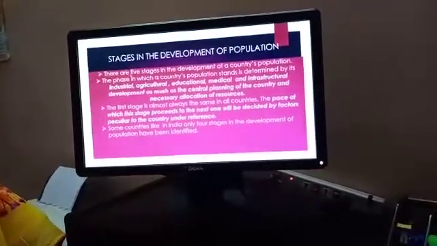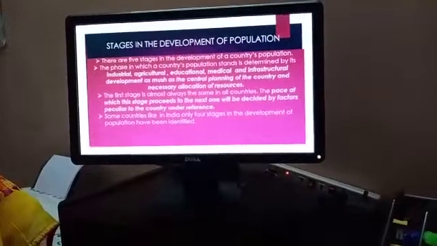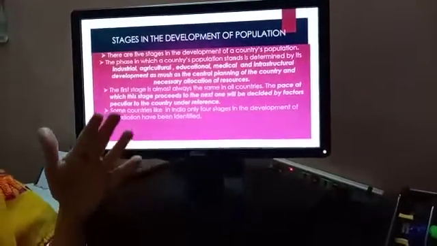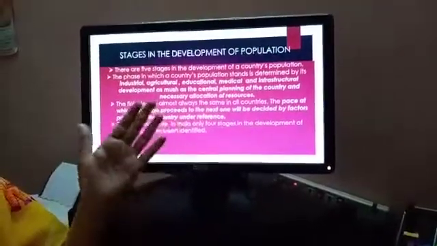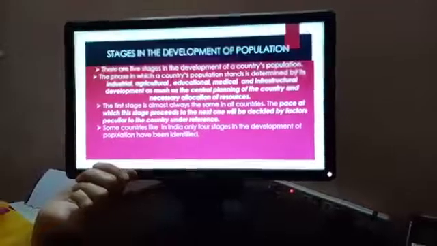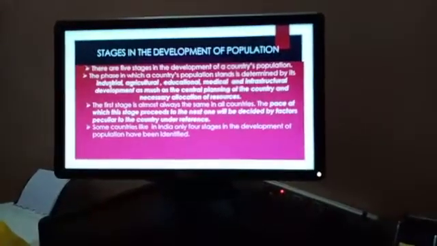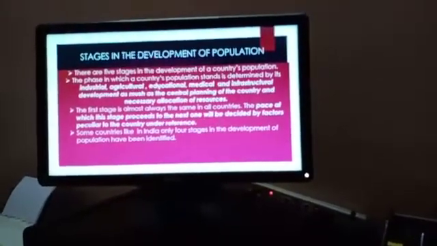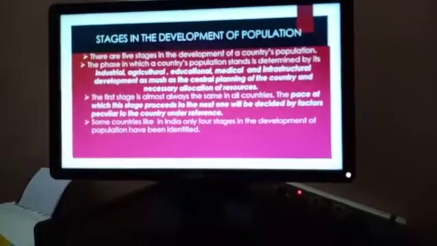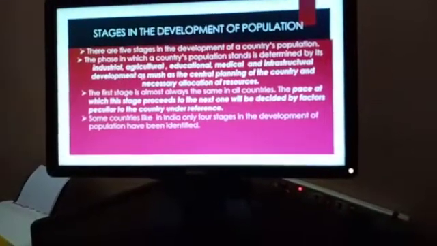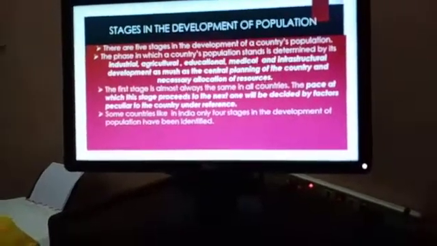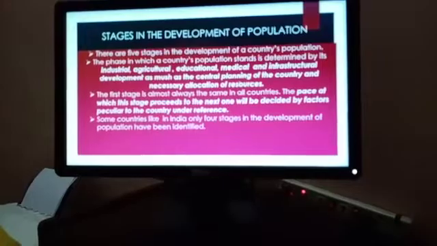The phase in which a country's population stands, like whether it is in the first phase, second phase, or third phase, is determined by its industrial, agricultural, educational, medical, and infrastructural development as much as the central planning of the country and necessary allocation of resources.